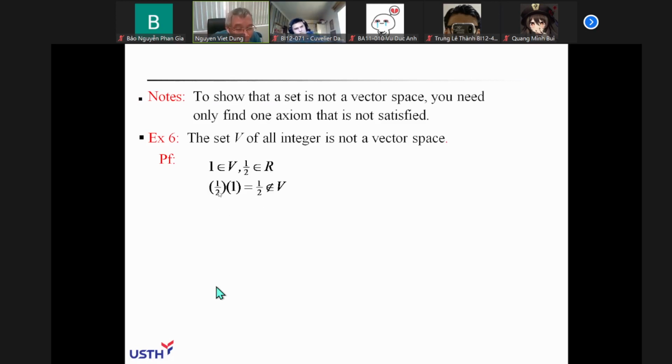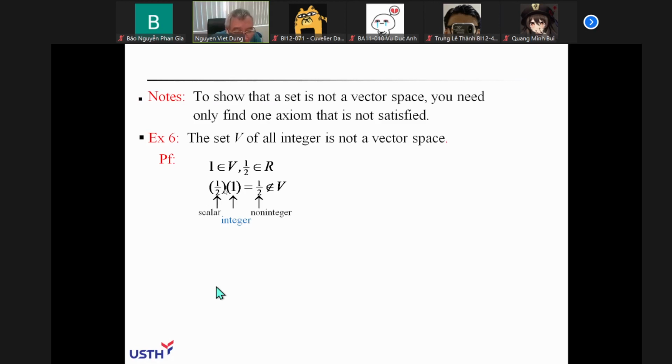However, if you multiply 1/2 by 1, you get 1/2. 1/2 is no longer an integer. It means that it does not belong to the set V. The first one, 1/2, is a scalar, a real number. But the one here is an integer.